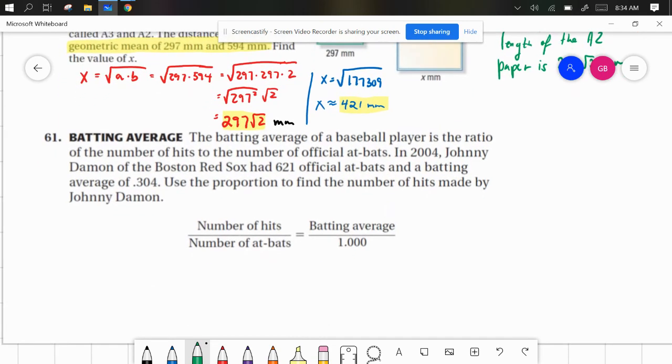Okay, so they set up this equation for us. Number of hits divided by number of at bats is equal to the batting average over 1.000. So what we're going to do is substitute some of these values in. Okay, average of .304, that goes here.